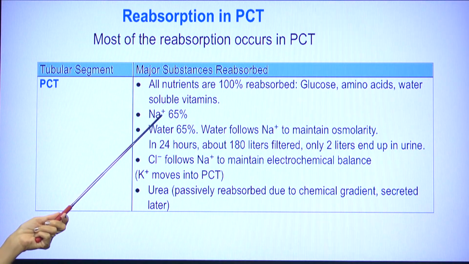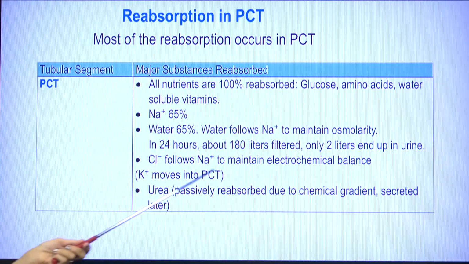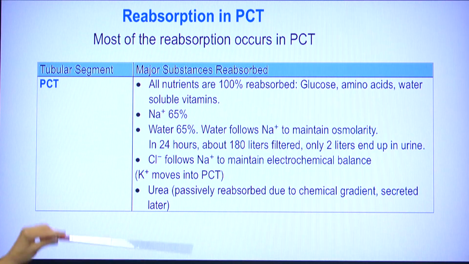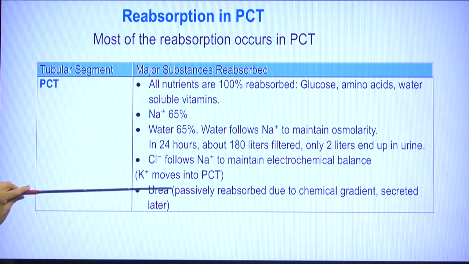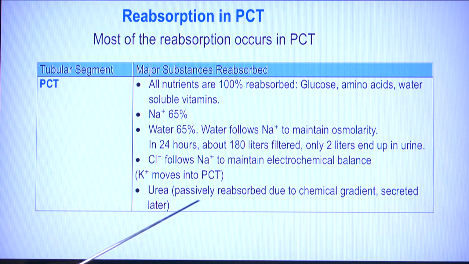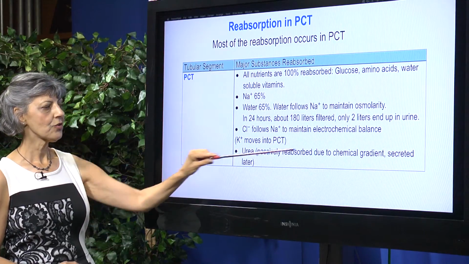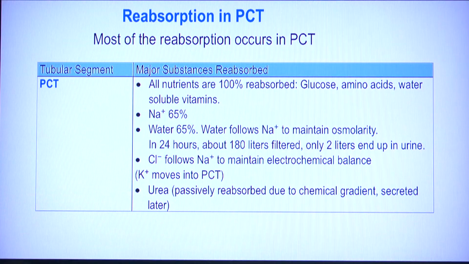And because sodium is positively charged, it's going to pull the negatively charged chloride with it to maintain the electrochemical balance. A little urea is reabsorbed just to keep the chemical gradient. Remember, this is a waste product, and later on it's going to be secreted back into the tubules.